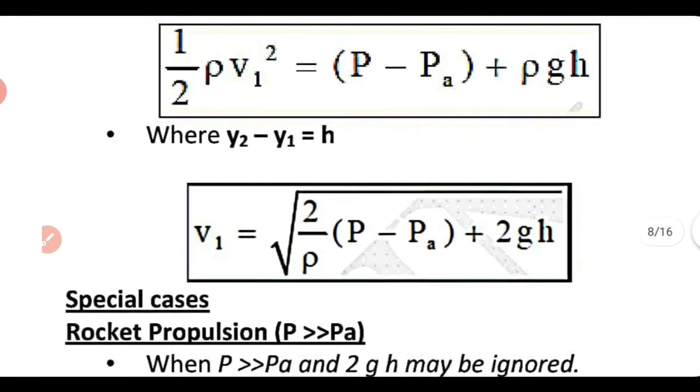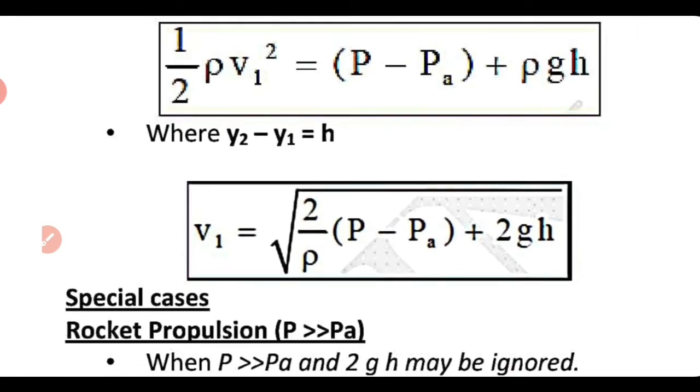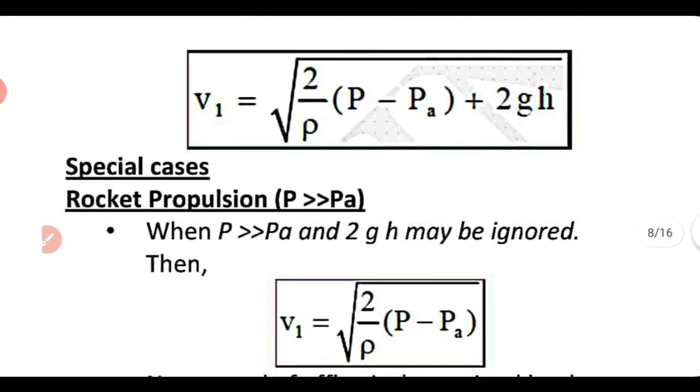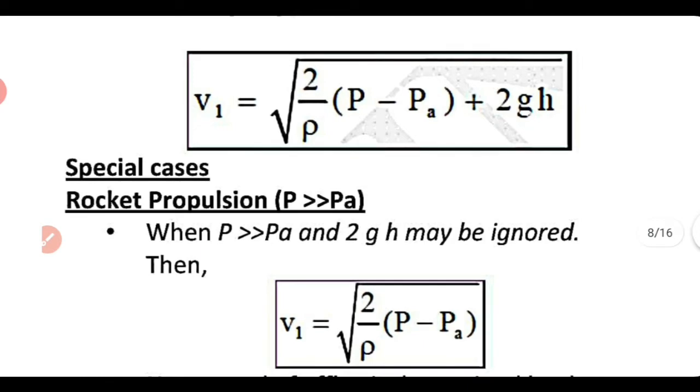Now here we have two special cases. First one, in the case of rocket propulsion. There the pressure inside the rocket will be very much larger than the atmospheric pressure. So in that case the 2gh term can be neglected because P minus PA will be very high.